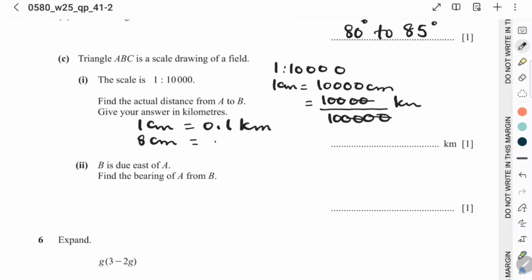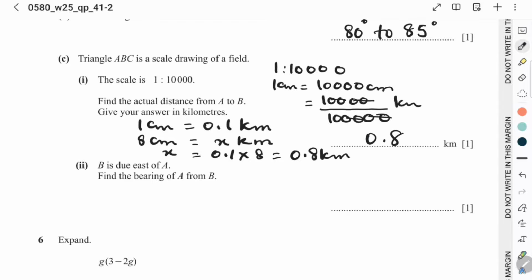So 8 centimeters is equals to how many kilometers? Just cross multiply. So your actual distance is equals to 0.1 times 8 is equals to 0.8 kilometers.